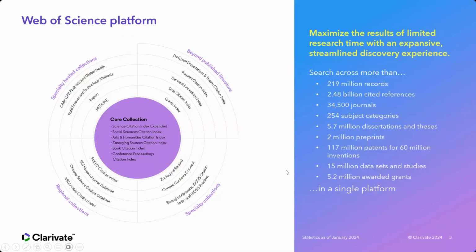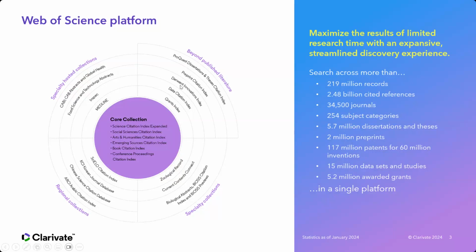So what is the Web of Science? The Web of Science platform is an ecosystem that houses multiple databases like the core collection, which is the heart of Web of Science, which comprises pre-selected journals, conference proceedings, and books.